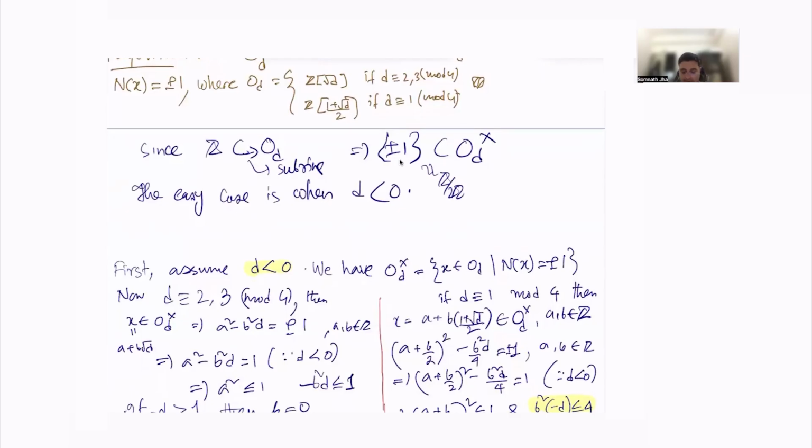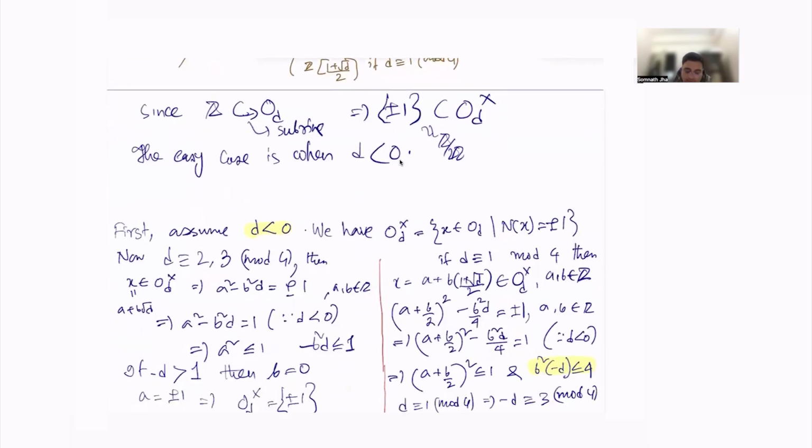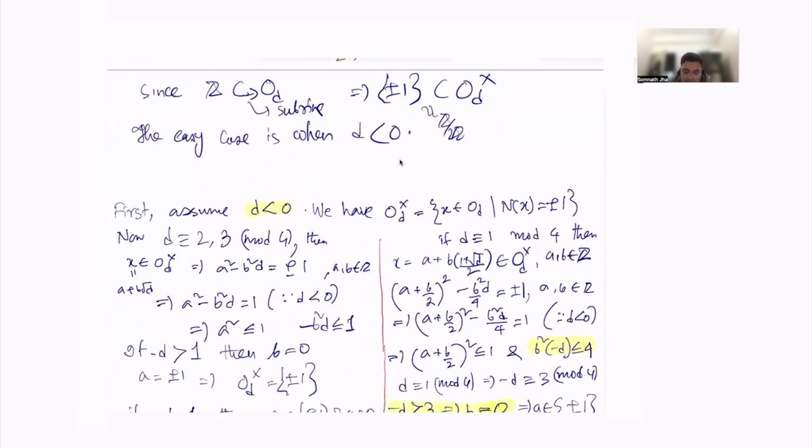But here again, minus d is positive, so everything is positive. So it cannot be minus 1, right? Because minus d is positive, and this is a positive square, so it's a positive number. The sum of two positive numbers cannot be negative, so this has to be equal to 1.